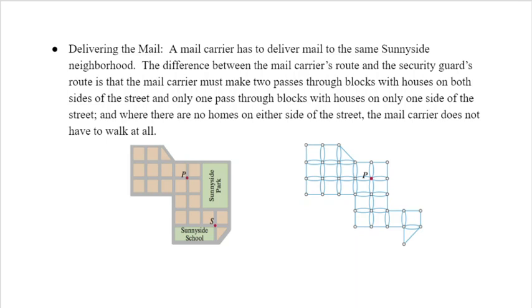So, again, we can use multiple edges on the same map to represent the area that this mail carrier needs to walk. You can also see the mail carrier does not need to walk around the school or around the park because there aren't houses there. So we can use this graph to try to find an Euler circuit from P, the post office, around the neighborhood.